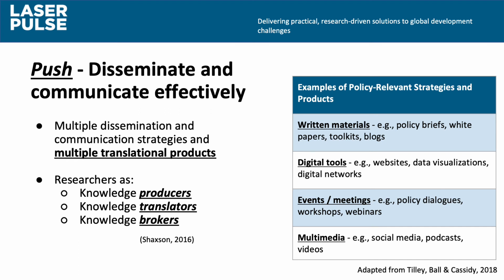In your communications with policy stakeholders, remember to use non-technical language, have clear and concise key messages that relay research findings and their potential implications for policy, and be engaging. Remember, every time you are communicating with policy stakeholders or anyone else, you are telling a story about your research. Check out Laser Pulse's module on storytelling for strategies and techniques about how to better communicate about your research.